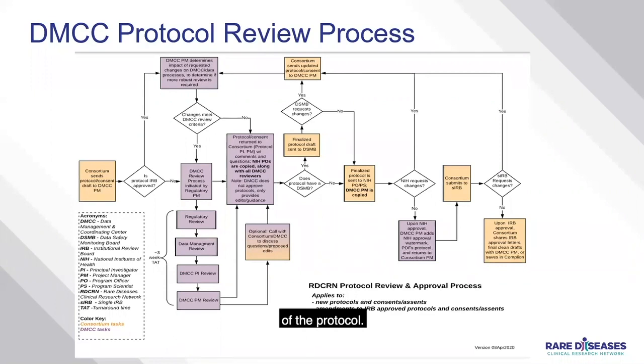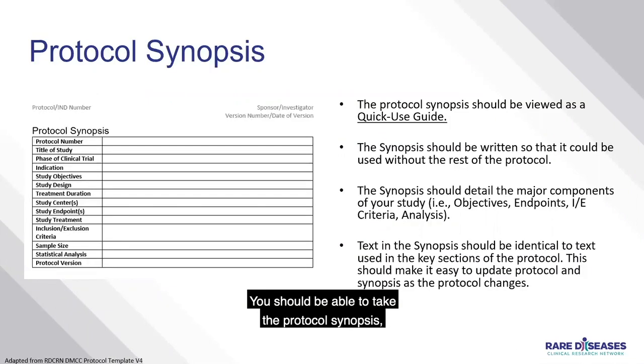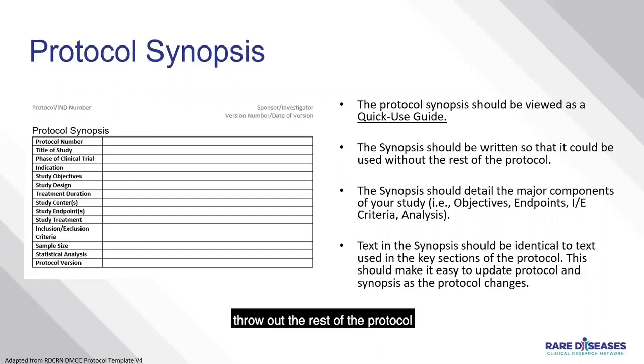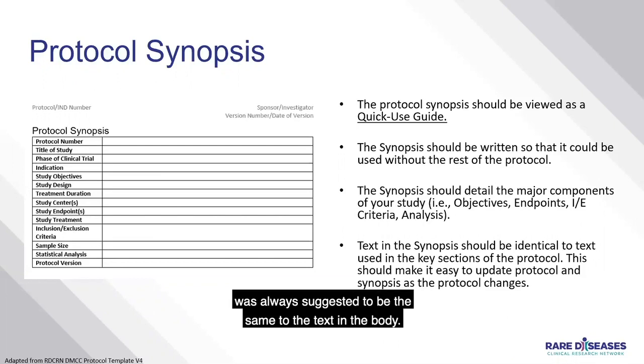quality of the protocol. You should be able to take the protocol synopsis, throw out the rest of the protocol, and still have a very good idea of what you're trying to accomplish, who is going to be in the trial, and what analysis will be done with that trial. So the text in the synopsis is always suggested to be the same as the text in the body.